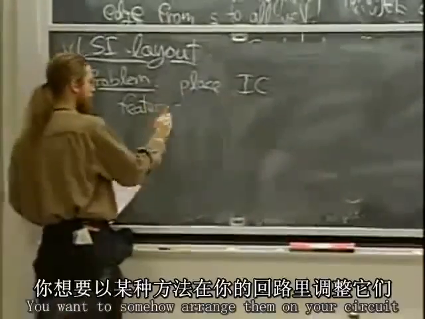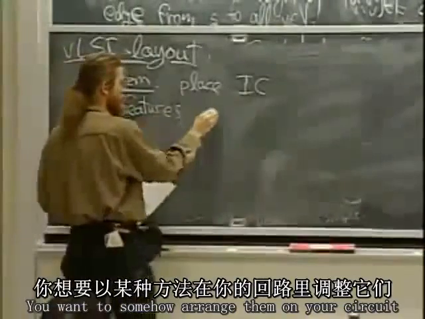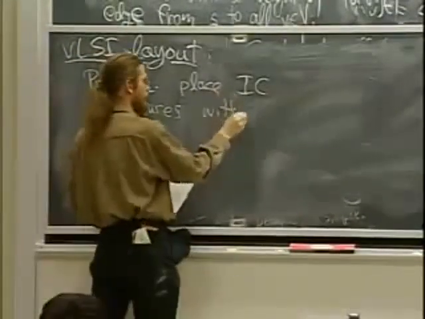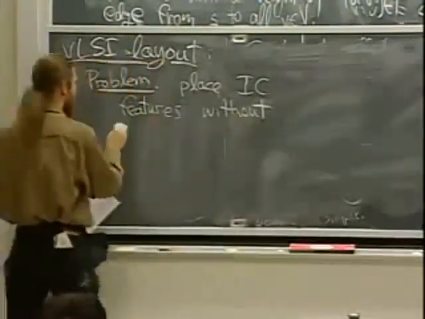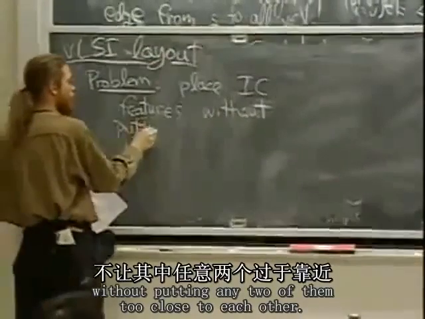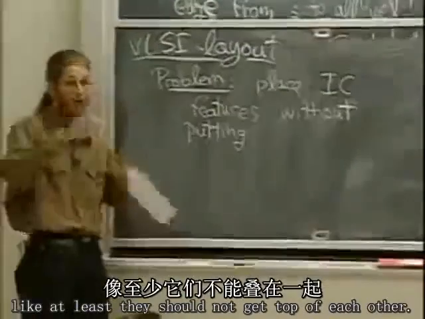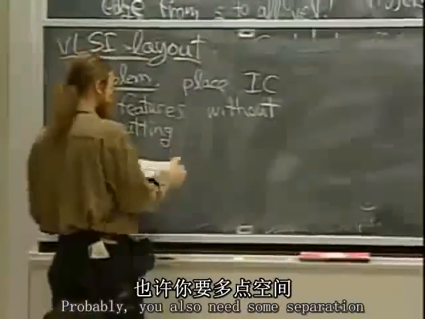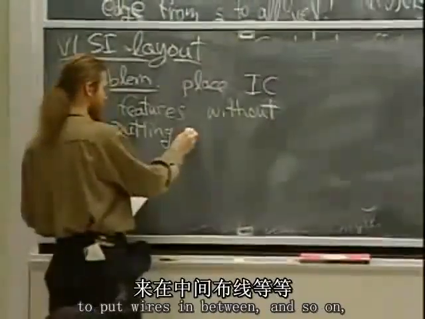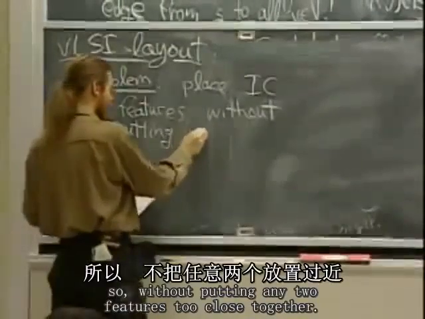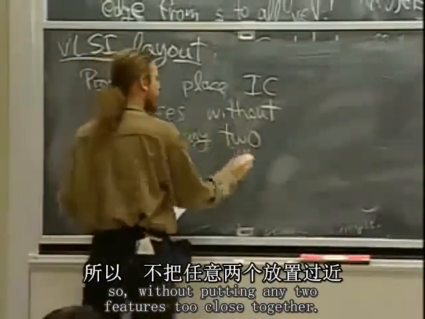You want to somehow arrange them on your circuit without putting any two of them too close to each other. You have some minimum separation, like at least they should not be on top of each other. Probably you also need some separation to put wires in between, and so on. So, without putting any two features too close together.